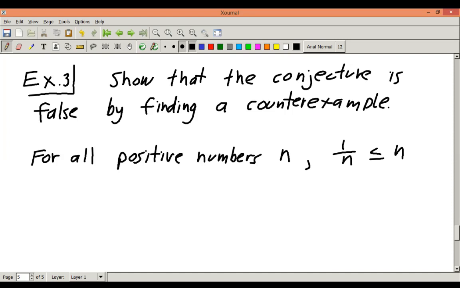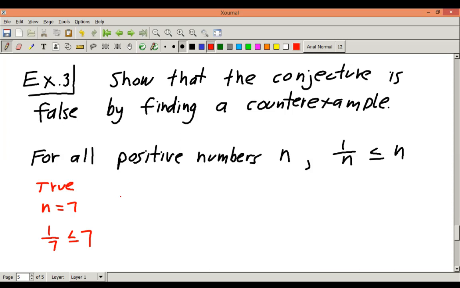Okay, so you can probably find some numbers for n that would make it true. So for example, let's say n is 7, so that would give you 1 over 7 is less than or equal to 7, which is true. You have not proved your conjecture by showing that one example.